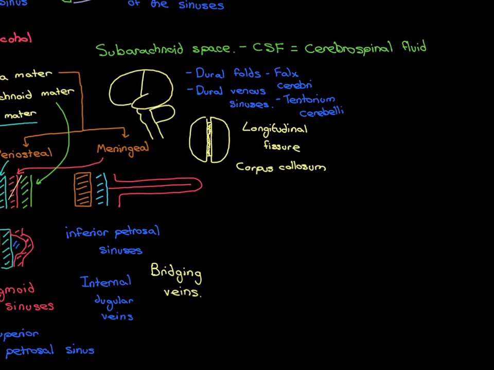It means that the whole central nervous system is suspended in a nice fluid bath, the cerebrospinal fluid. Now, of course, the central nervous system itself is not touching the cerebrospinal fluid because it's lined by the pia mater, and it's the outer surface of the pia mater that is in contact with the cerebrospinal fluid that is in the subarachnoid space.